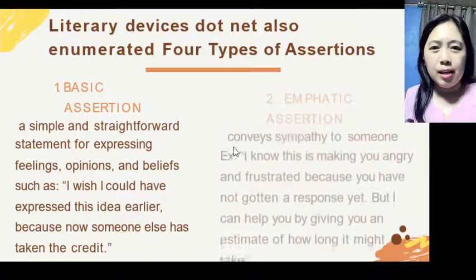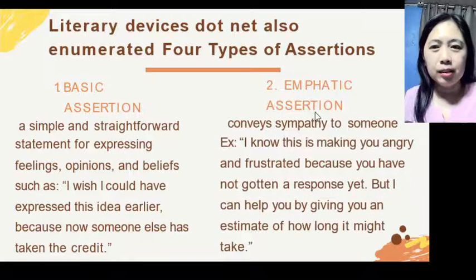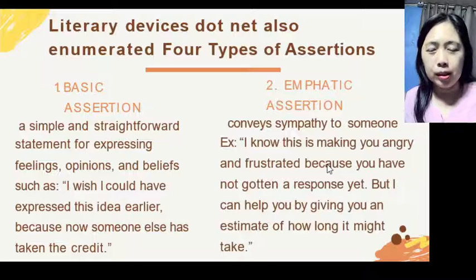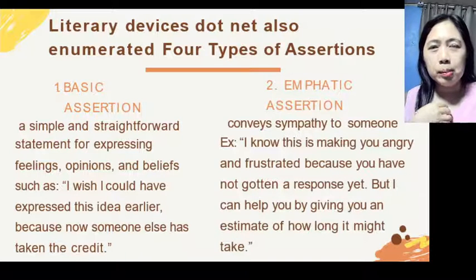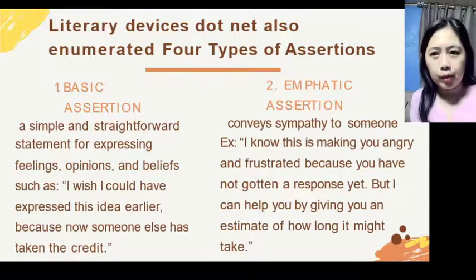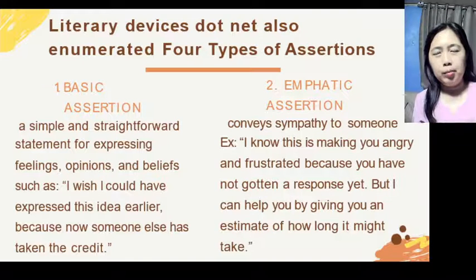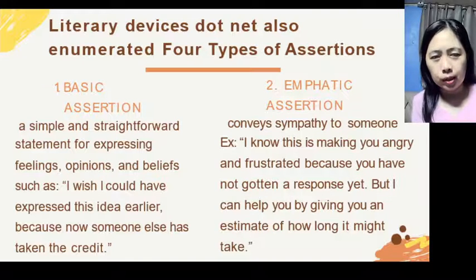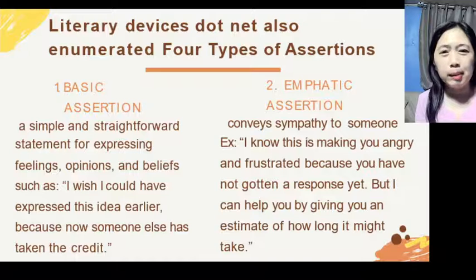Okay. And another one is emphatic assertion. Okay, it conveys sympathy to someone. So the way ka mo muhatag sa imuhang empathy or mo sympathize sa tao. Imong isulti nga kasabot ko nga kani siya nga situation kay stress pa ka.